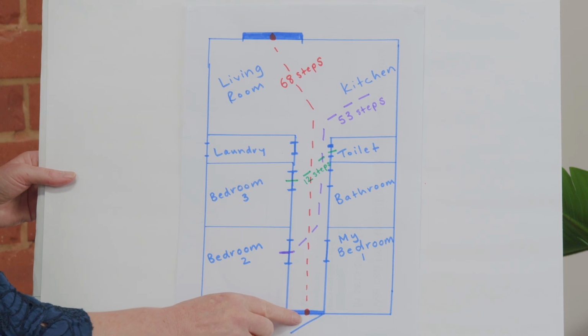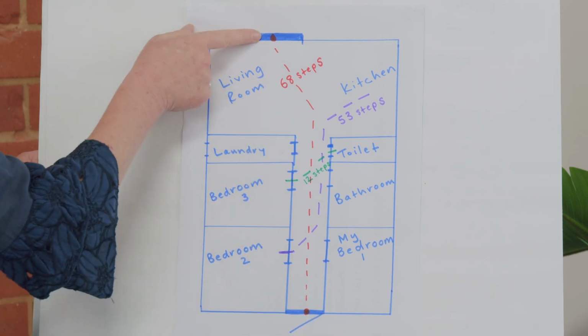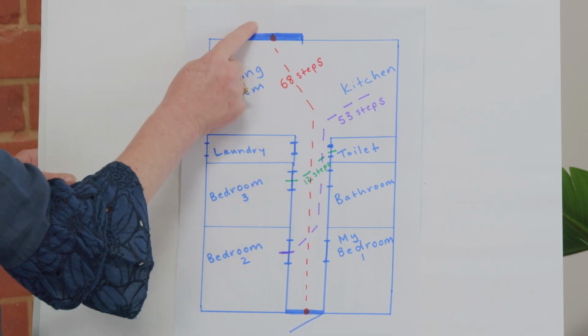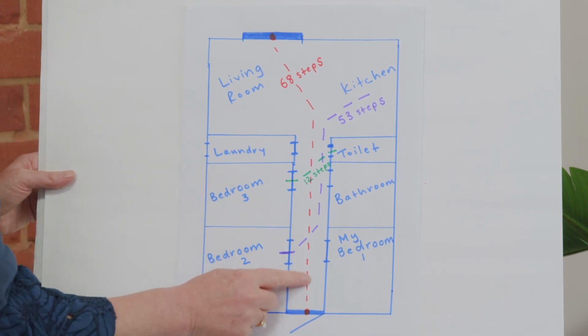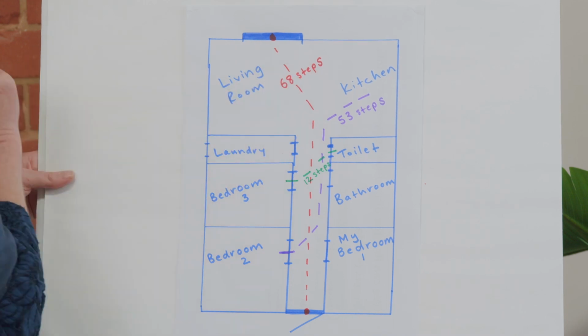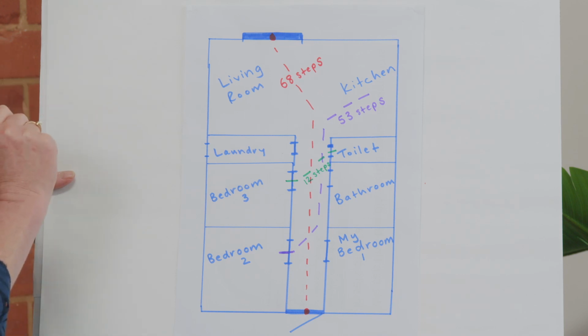What would great Auntie Annie have to do if she went from the front of the house, the front door, to the back door? The longest trip I found out was 68 steps. And that's what I've written. I've drawn that in a different colour and have written 68 steps. The longest trip for great Auntie Annie.